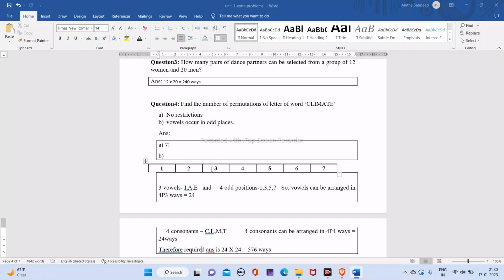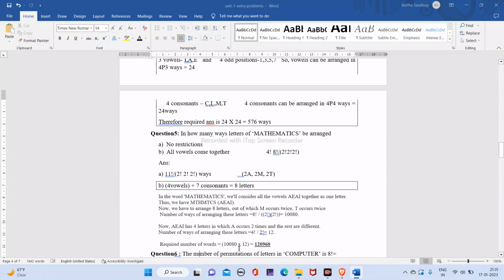So these 3 vowels can be placed in any of these 4 positions in 24 ways. And the remaining 4 consonants, that is C, L, M, T, can be arranged in 4P4 ways, which is 24 ways. So the required answer will be the product of arranging the vowels multiplied by arranging the consonants, which is 576 ways.